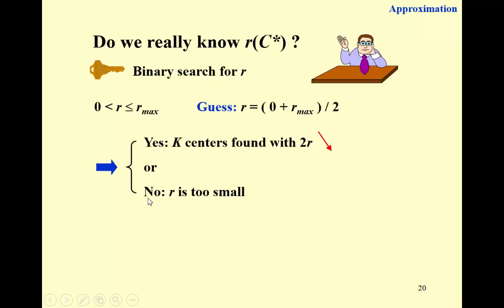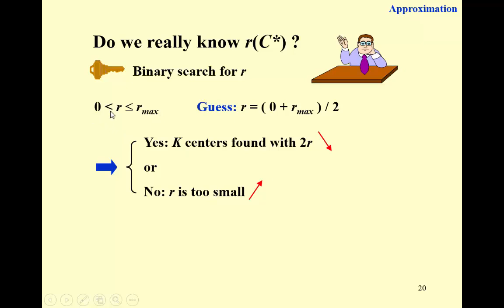Or if the answer is no, that means this r is too small and it's impossible to cover everything by k centers only. We need more than k centers. All right, so in that case, we need to increase the value of r, right?